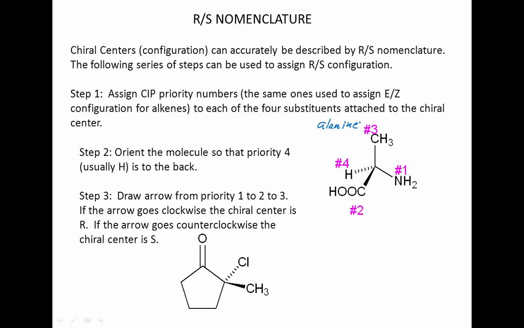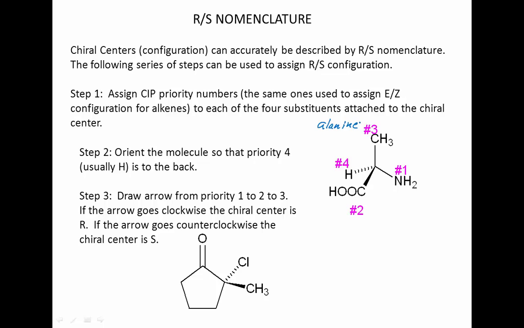Nitrogen is higher than carbon, and of the 2 carbon substituents, the carboxylic acid ranks higher than methyl because there's oxygens at that carbon, whereas the methyl only has hydrogens, and the hydrogen at the chiral center is priority 4.